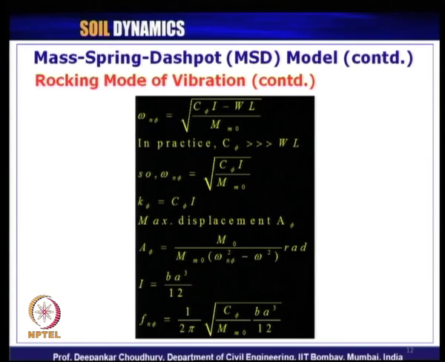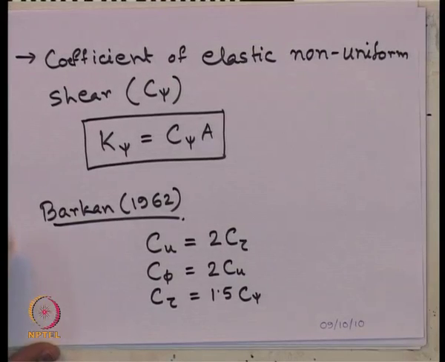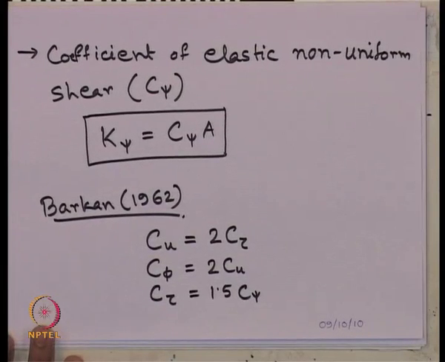Then we had also seen in the previous lecture the guidelines to compute these values of Cu. Cu can be computed experimentally from the cyclic plate load test we had seen earlier, and from the relationship between Cu and other coefficients like C tau: Cu equals 2 times C tau, C phi equals 2 times Cu, and C tau equals 1.5 times C psi.